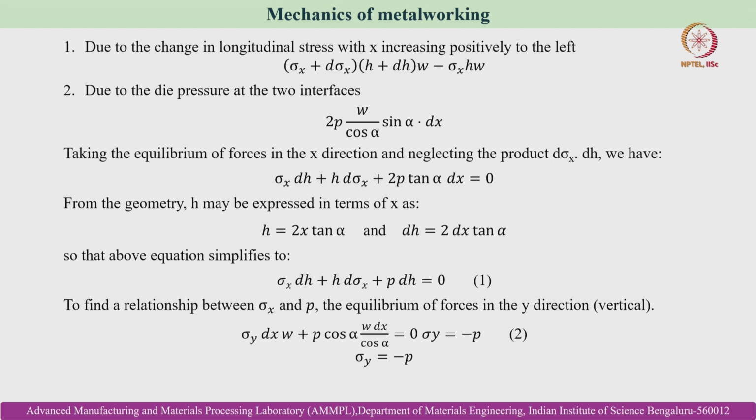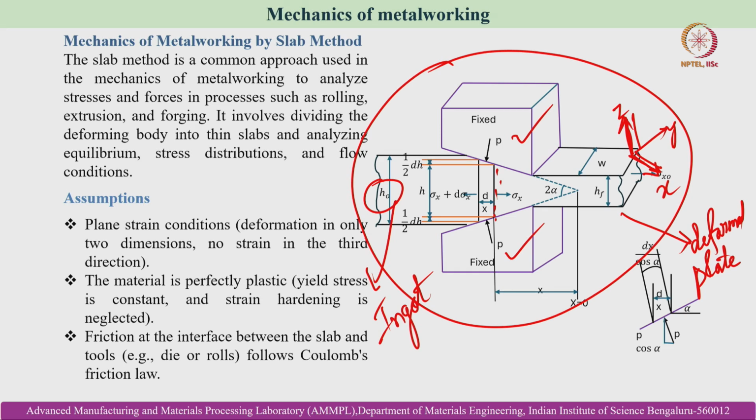Now, due to the die pressure at the two interfaces, the resultant stress is basically 2 p w by cos alpha sin alpha into dx. Okay. You can understand it from this diagram. It is basically this component that is dx by cos alpha, and this is the pressure applied.